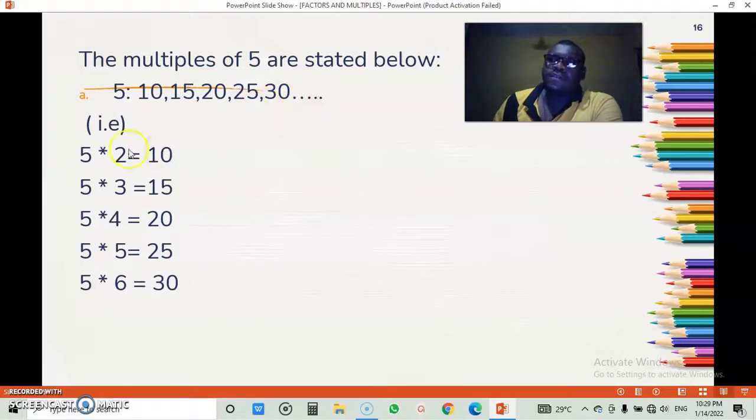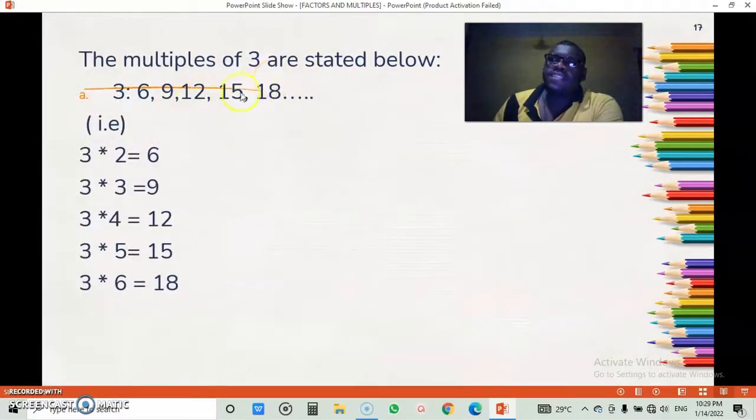So 5 times 2 gives us 10, 5 times 3 gives us 15, 5 times 4 gives us 20, 5 times 5 gives us 25, 5 times 6 gives us 30. If we continue, 5 times 7 gives us 35. We can even have negative numbers too, because 5 times minus 1 gives us minus 5, and that's part of the multiples of 5.